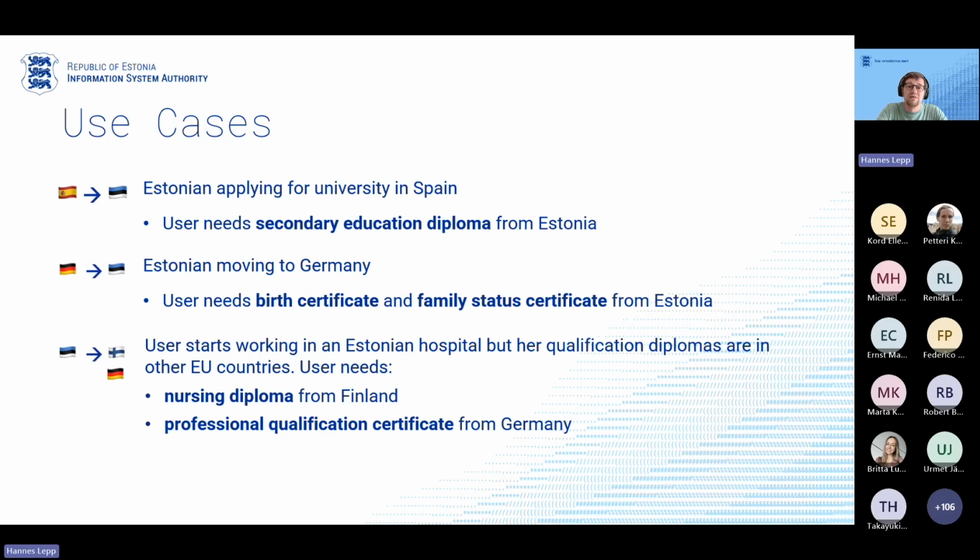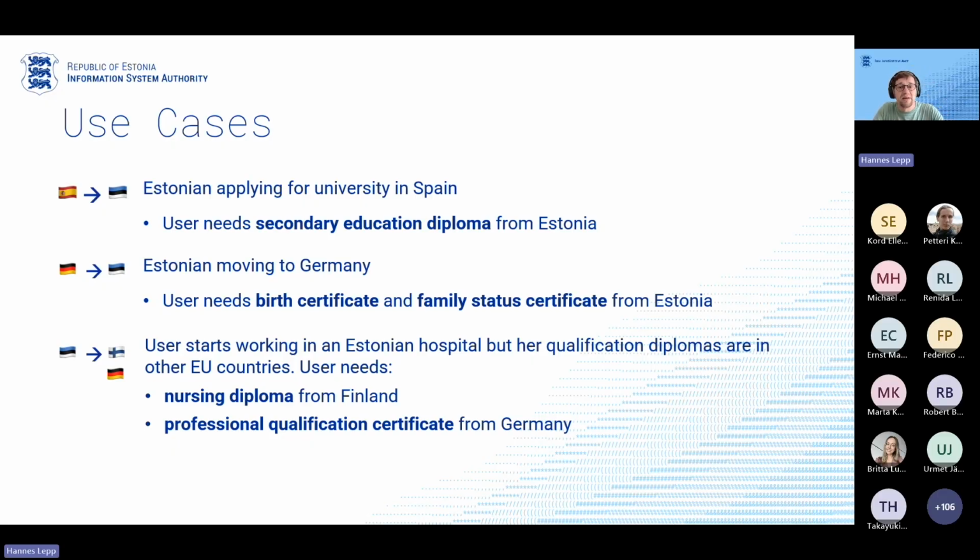Here are some real-life examples that explain why the European Union created the SDG and OOTS initiative. The first simple example where cross-border data exchange is needed is where an Estonian citizen goes to study at a university in Spain and needs to provide their secondary education diploma.